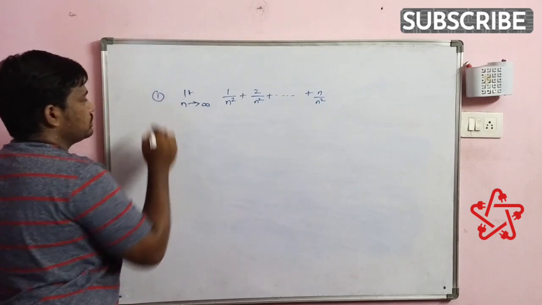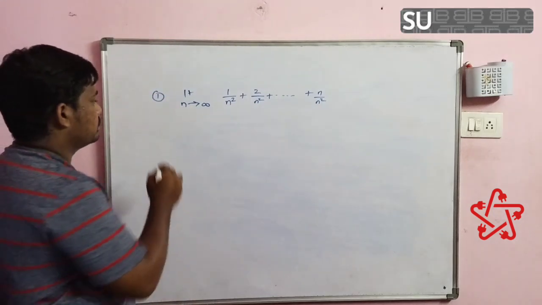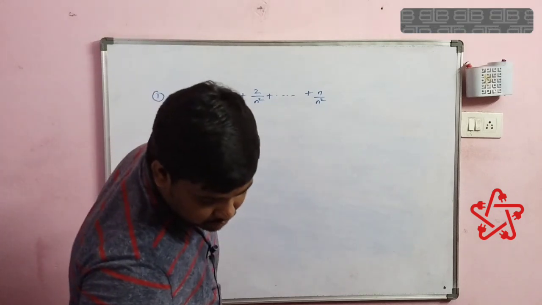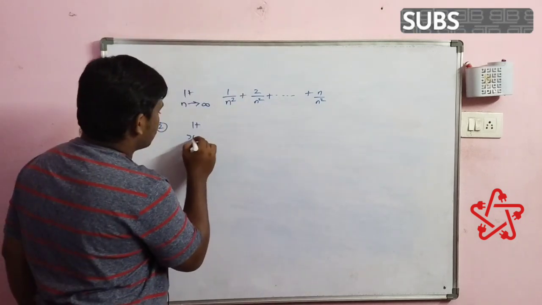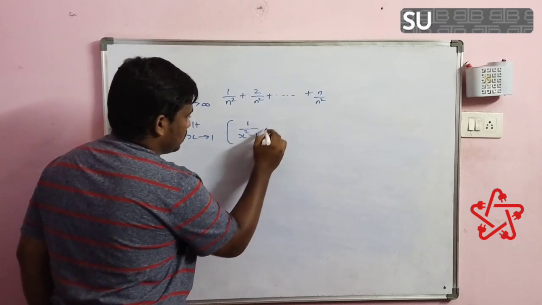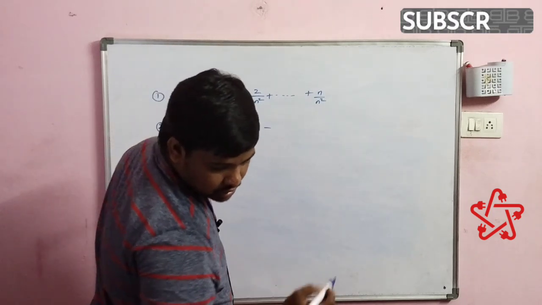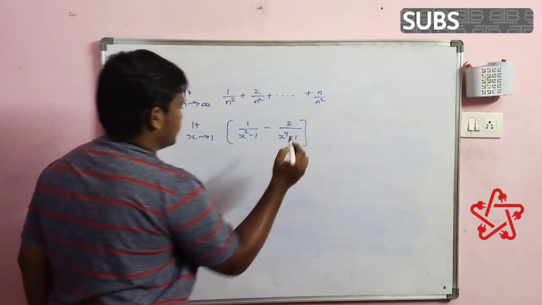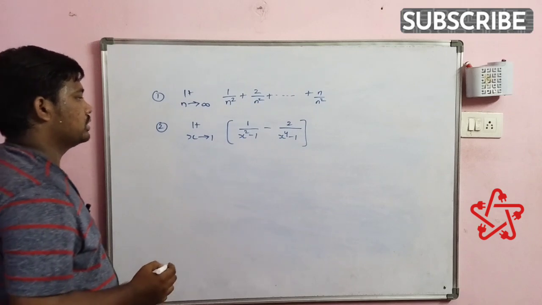This is the first problem. The second problem is limit x tends to 1 of 1 by (x square minus 1) minus 2 by (x power 4 minus 1). This is one more problem.